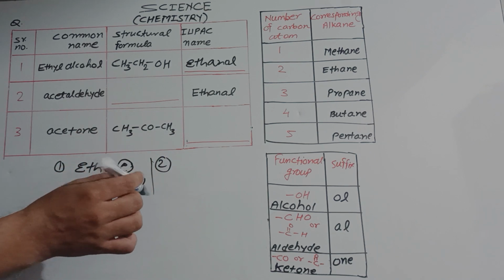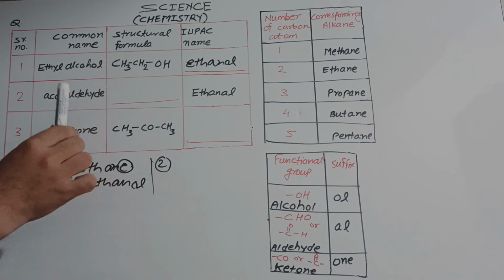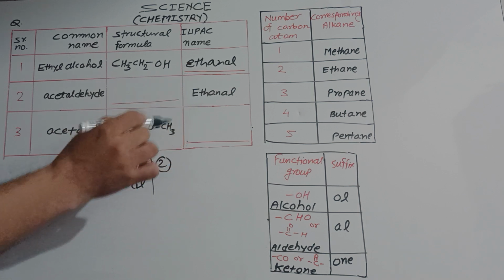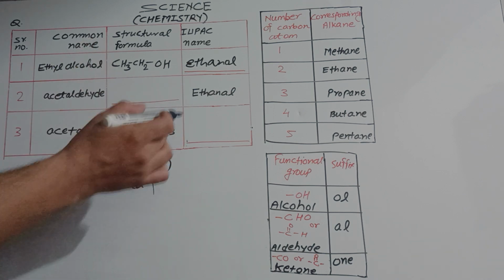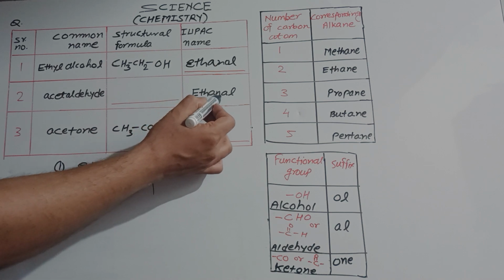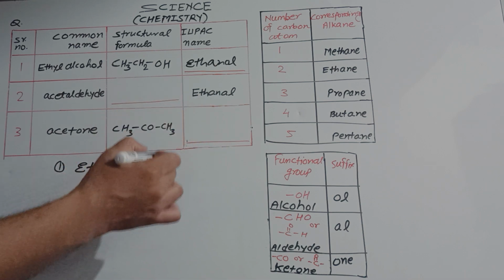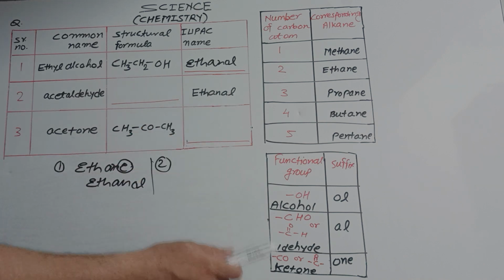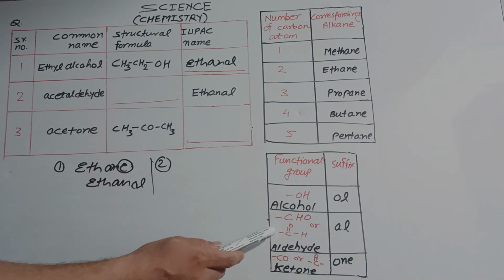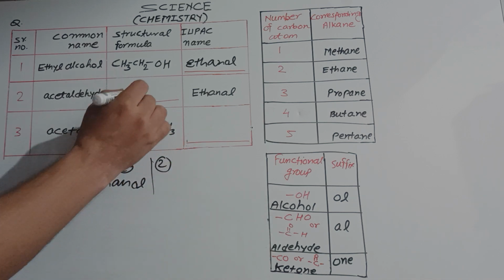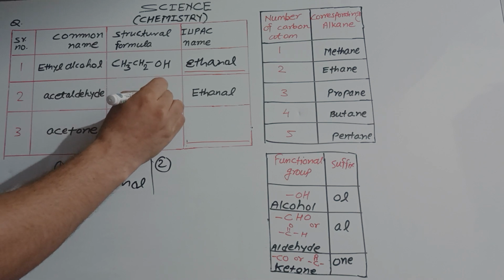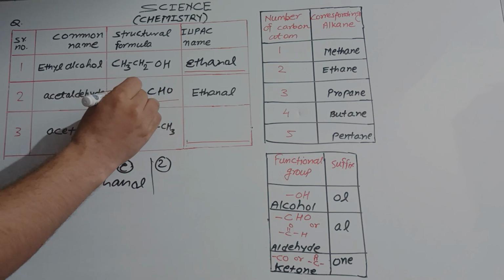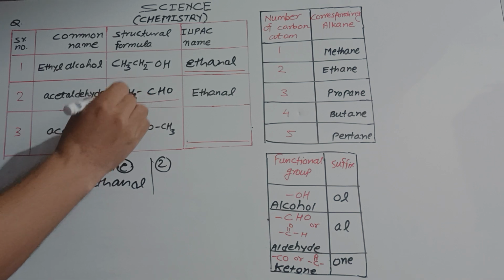Okay, so we'll start with this. For ethanal, there are 2 carbon atoms. Here you can see ethane, the corresponding alkane, so 2 carbon atoms. And what is the functional group here? Ending with AL, which means we have the functional group aldehyde. So we can write the aldehyde functional group as CHO, and 1 methyl group because there are 2 carbon atoms.